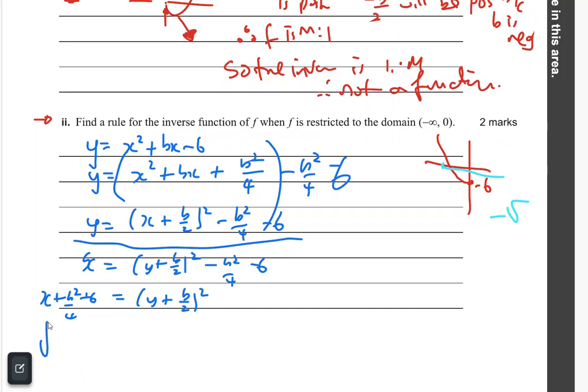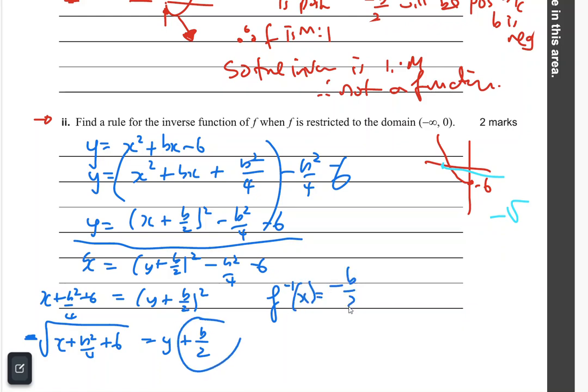Taking the square root of both sides, I want the negative square root of x plus b squared on 4 plus 6 equals y plus b on 2. Therefore, the inverse rule will be, when this moves over, negative b on 2 minus the square root of x plus b squared on 4 plus 6.